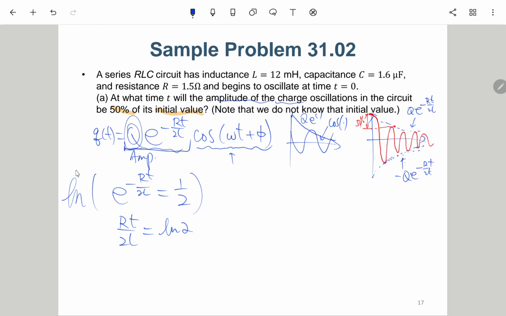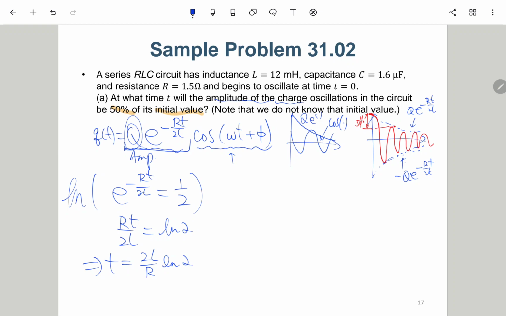If you take the log first and move the minus sign to the right side, negative natural log of 1/2 becomes natural log of 2. So Rt over 2L equals natural log of 2, and t equals 2L over R times natural log of 2.